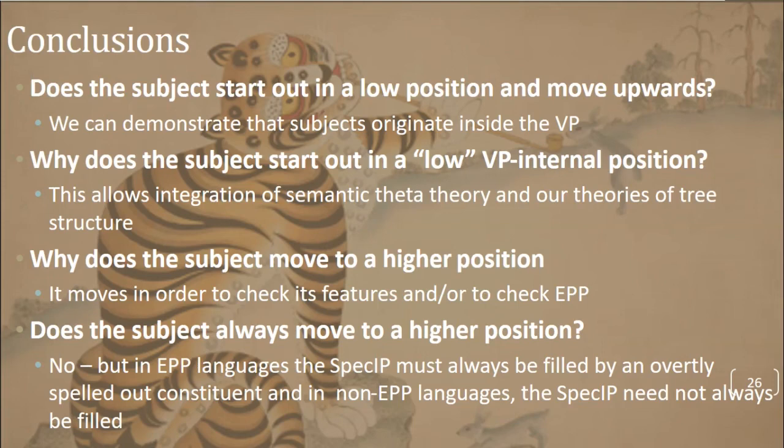And in these non-EPP languages, the specifier of the inflection phrase does not need to be filled at all, not even by a semantically meaningless item. So taking all this together, you should now have sufficient theory and expertise to be able to draw trees for many simple sentence structures in English. The theory that we've accumulated so far is also sufficient to allow us to start making tentative hypotheses about other grammatical phenomena, both in English and in many other languages that we are familiar with.